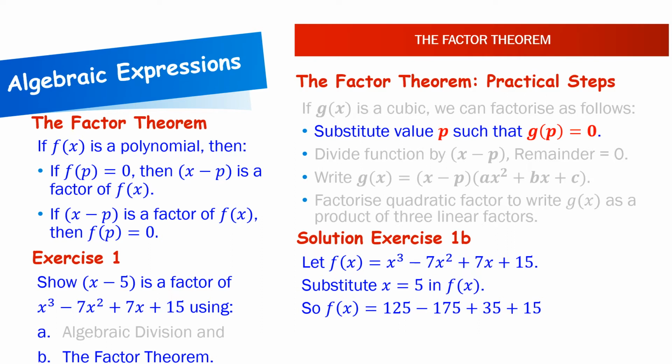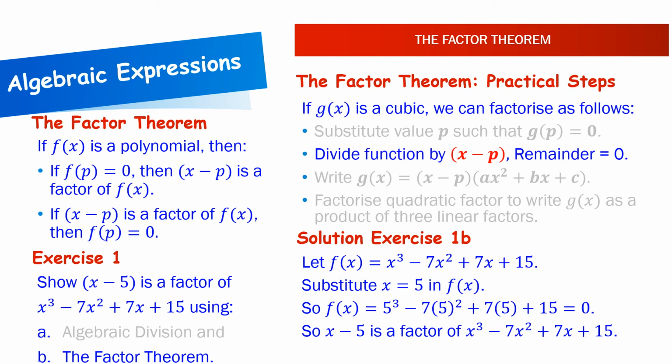And tidying up, 125 minus 175 plus 35 plus 15 is equal to 0. And therefore, from the factor theorem, we can deduce that x minus 5 is a factor of the polynomial.